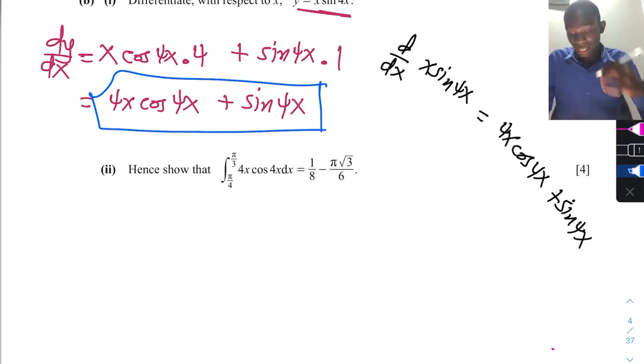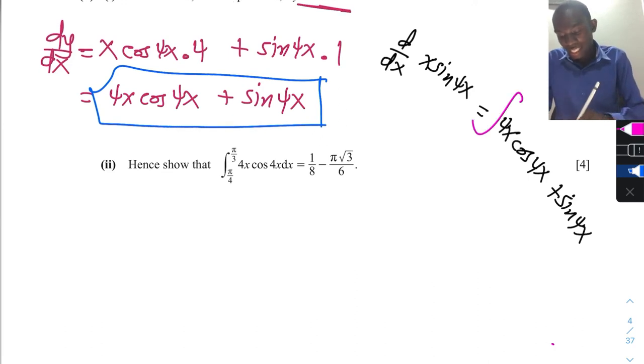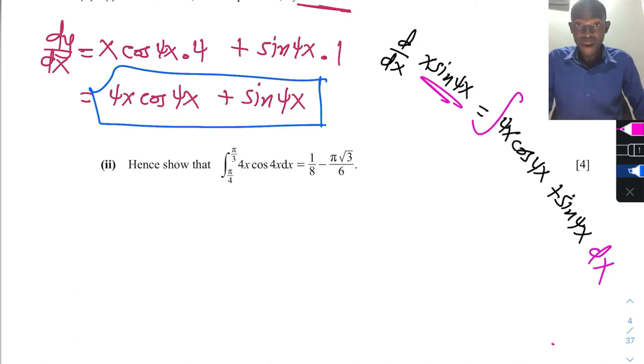In other words, if I integrate this whole thing, this should be my answer, right? Yes, because differentiation and integration are the inverse of each other.